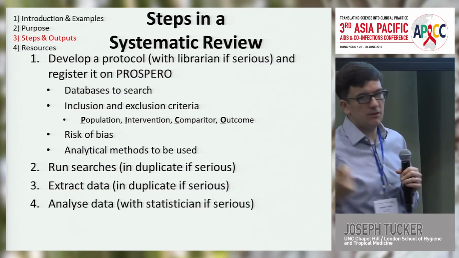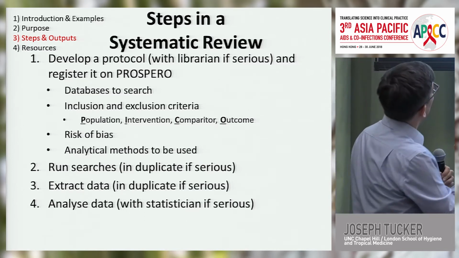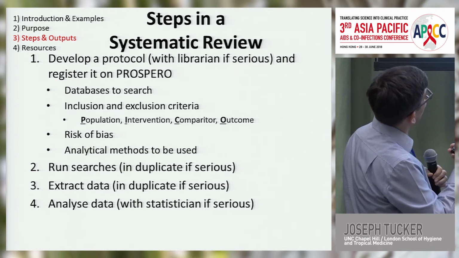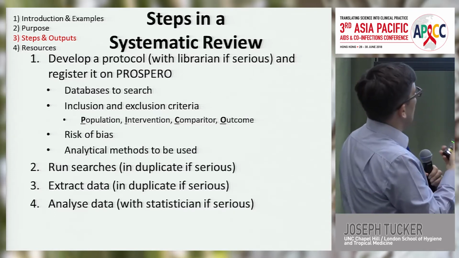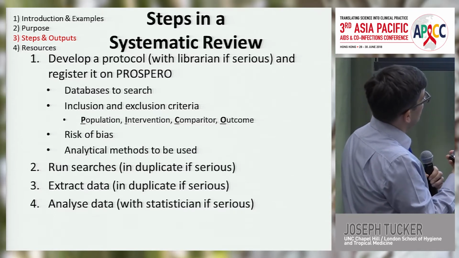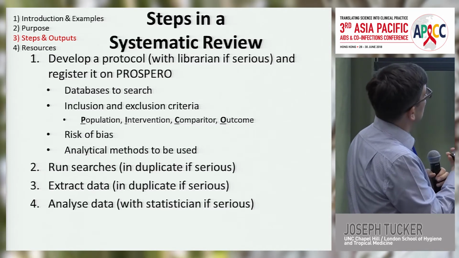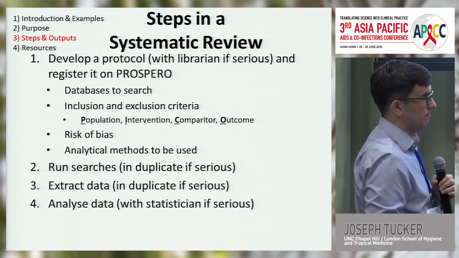And at the end of this, as part of our interactive session, we're going to come up with some PICO questions. And then risk of bias, analytical methods to be used. So once you've got the protocol, then you actually run the searches. And if it's a more rigorous review, you would do this in duplicate. You extract the data, and then you finally analyze the data.